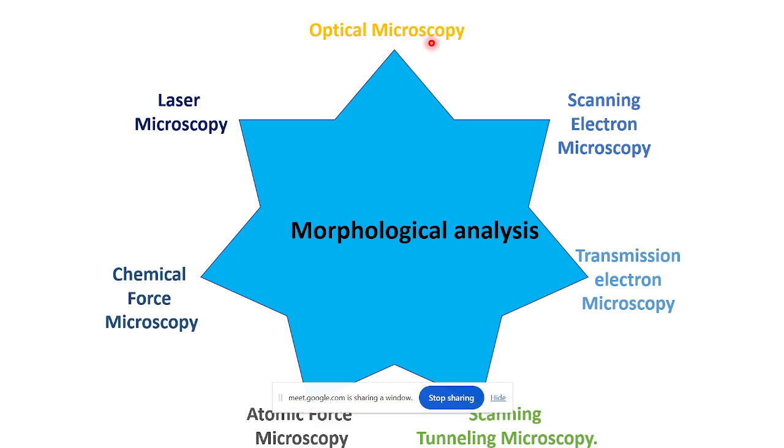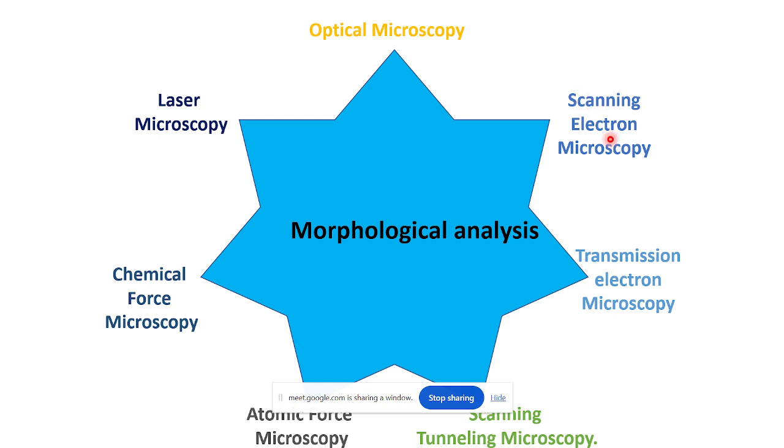So first one is optical microscopy. You put a very small amount of sample inside an optical microscope and you check the bulk morphology of the material. But to probe deeper, at the nanometer level, you have to go to electron microscopy, because through light we cannot go above 10 to the power minus 4 meter.